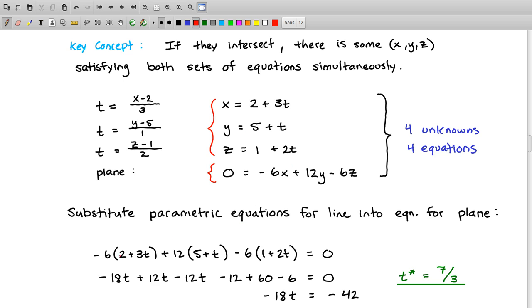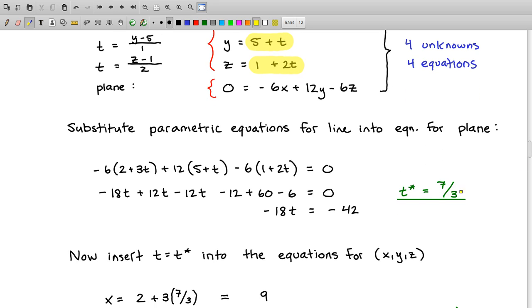So we do that. We substitute in the parametric equations: -6 times (2 plus 3t), plus 12 times (5 plus t), minus 6 times (1 plus 2t) is now the plane equation with the variables replaced. And that gives us one equation for the one parameter t. We write that out, we simplify, and we solve for t, and we get some number.